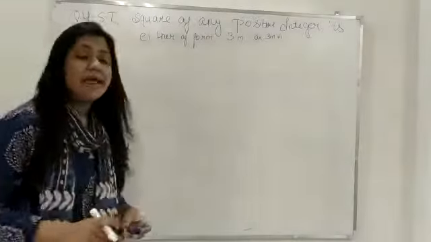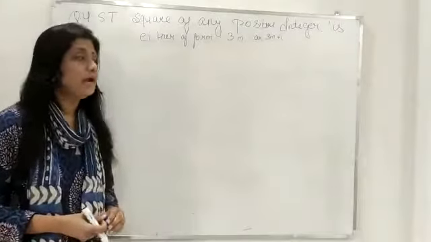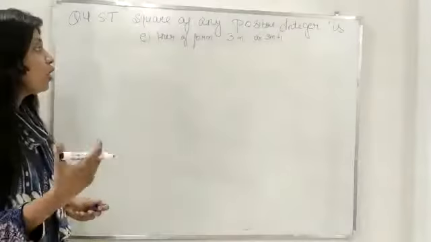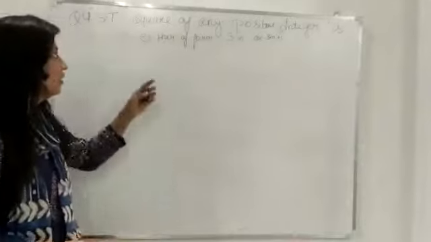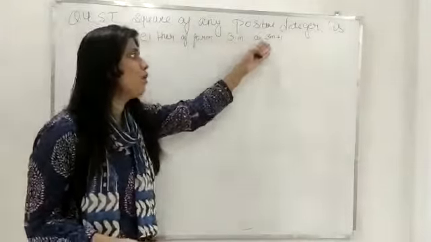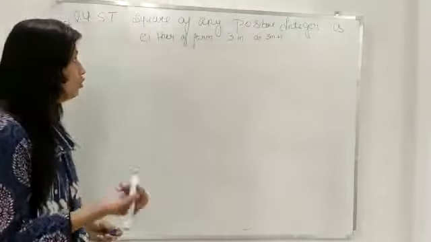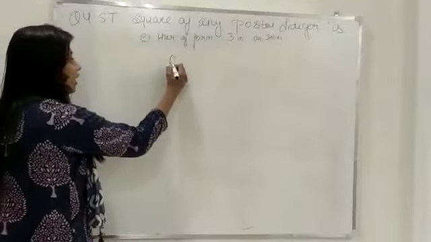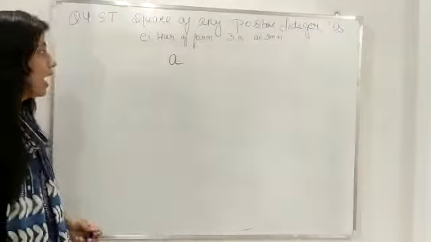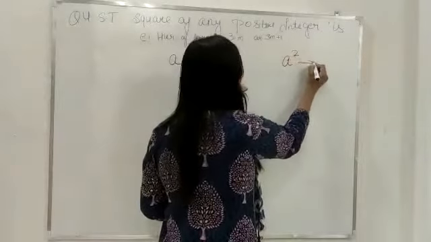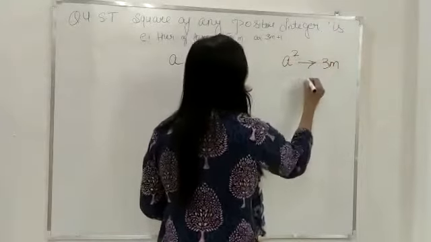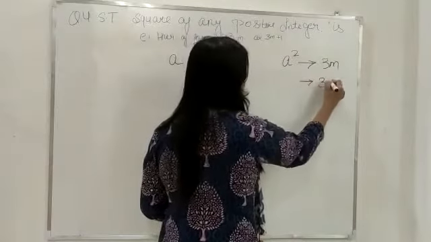So in my next question, I have to prove that for any positive integer, the square of that integer is of the form 3m or 3m plus 1. So suppose I have an integer a, I have to prove that the square of this integer is either of the form 3m or 3m plus 1.